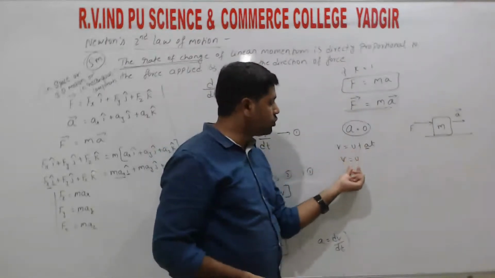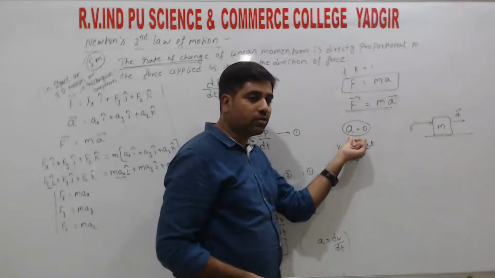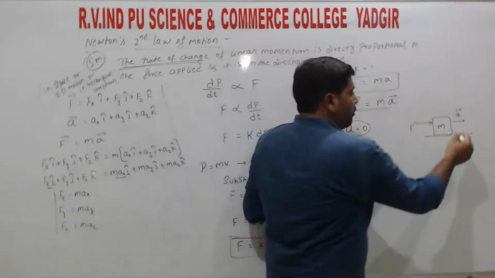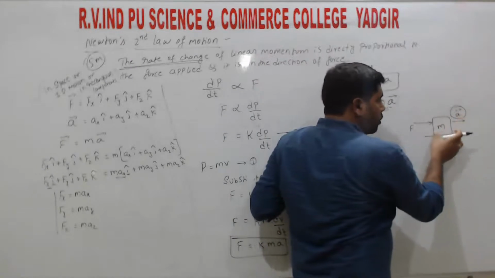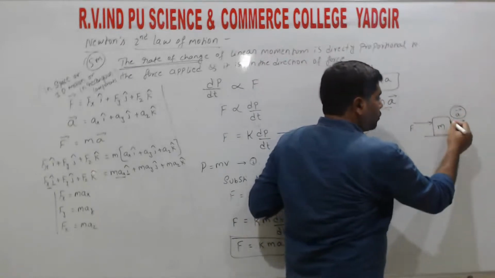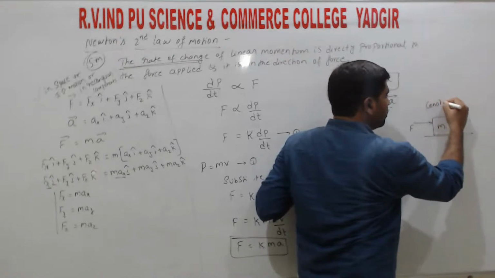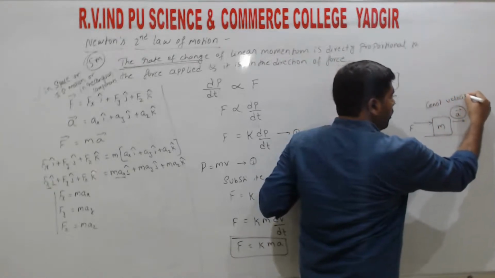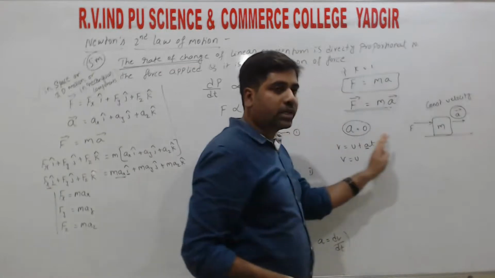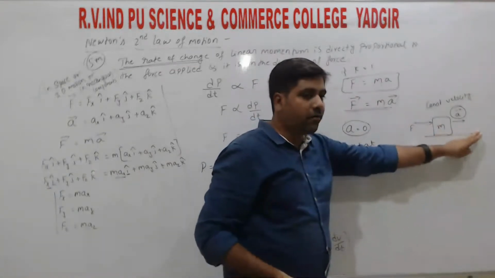So v = u when a = 0. That means when the acceleration of the object is 0, the object is moving with a constant velocity.